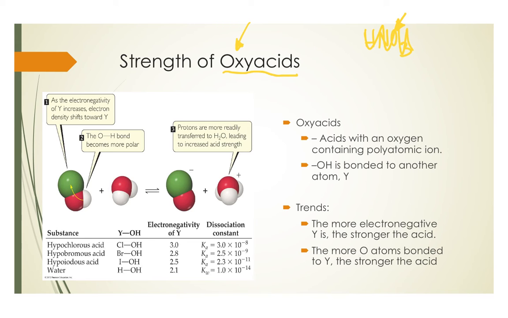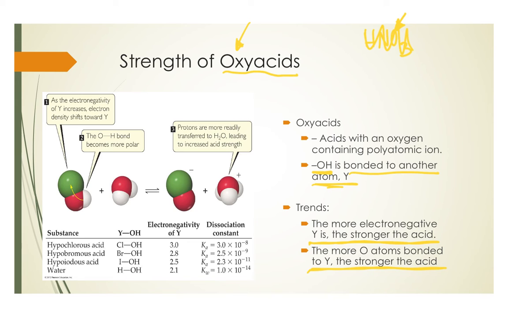In oxyacids, you have an OH group that is bonded to another atom, some kind of Y along the way. The trend here is that the more electronegative Y is, the stronger the acid. Also, the more oxygen atoms bonded to the Y, the stronger the acid. Those are our two main ideas.